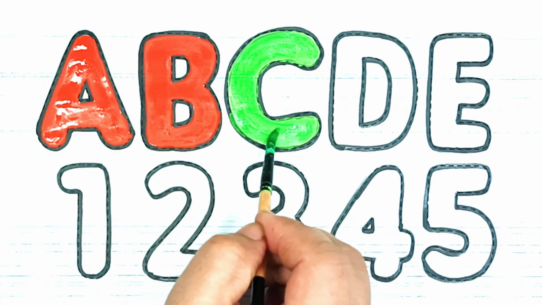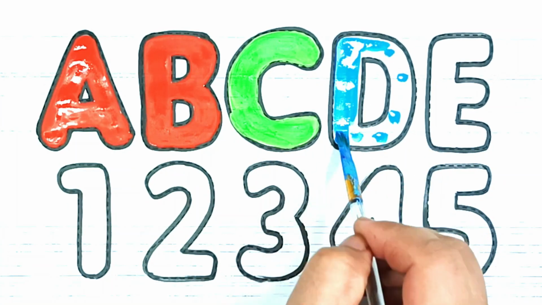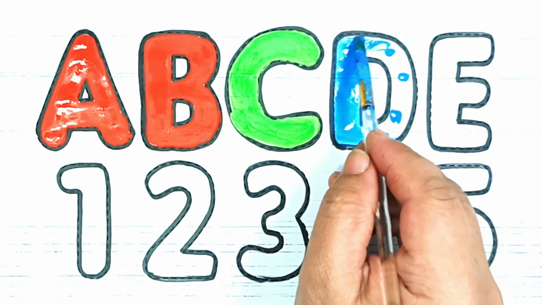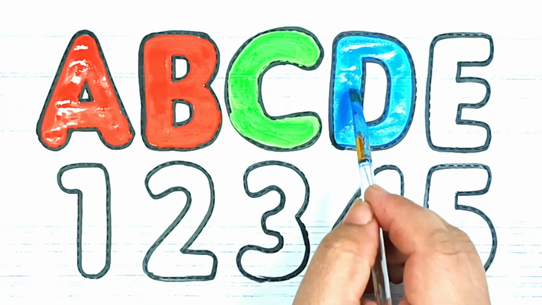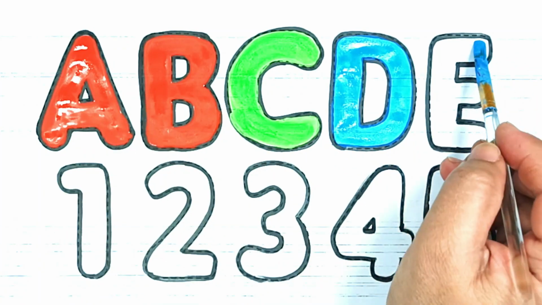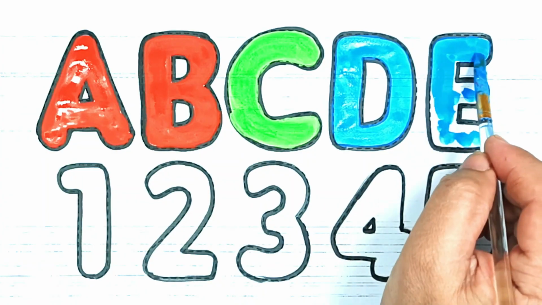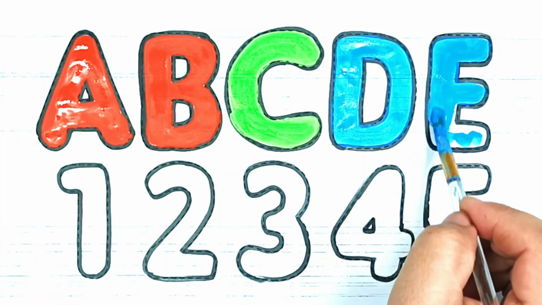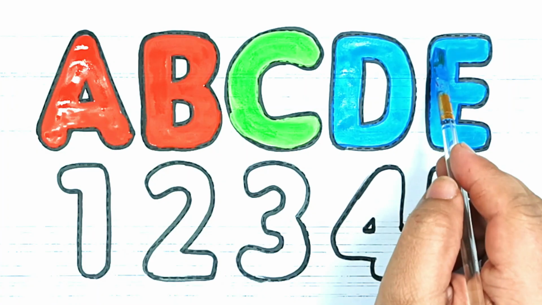It tells you the time. D is for diamond. See how it shines. E is for elephant. Bigger than me.